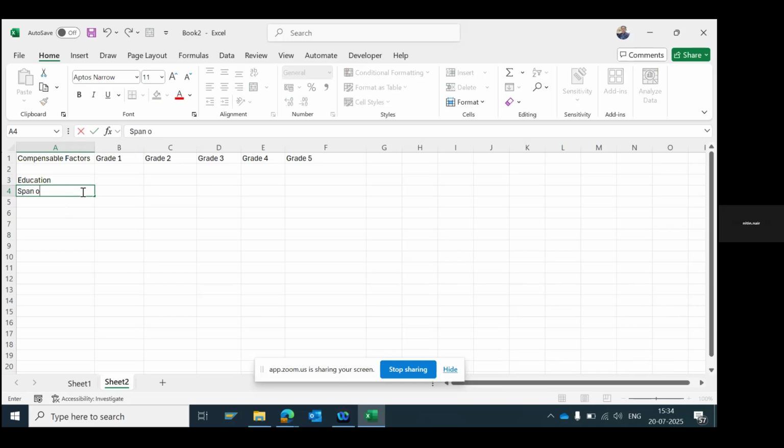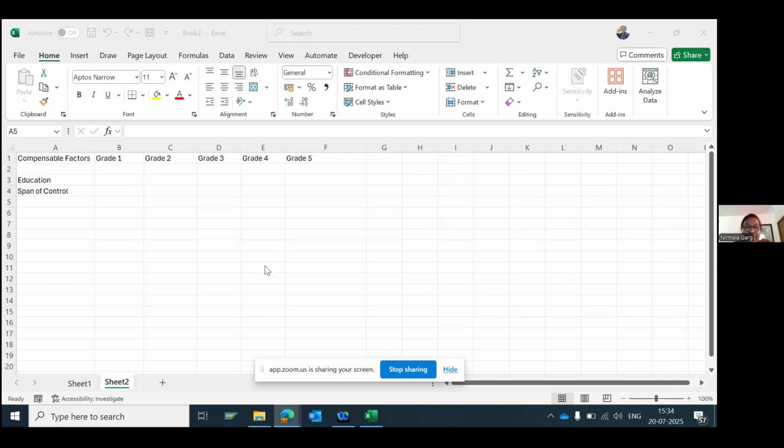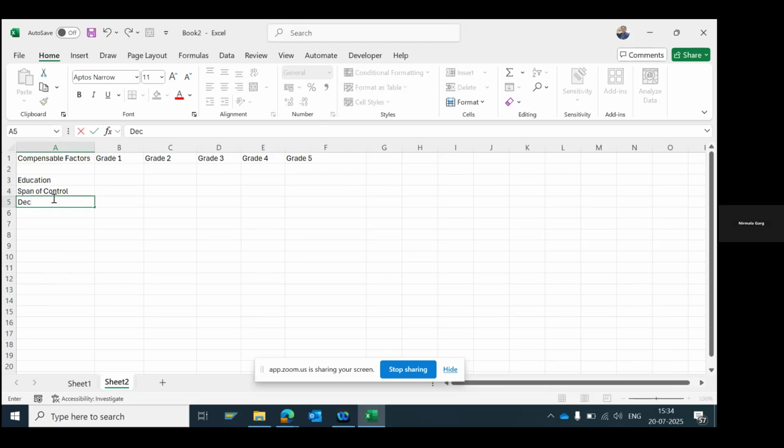Neeti, we thought of taking the JD for project management. Again, I told you compensable factors are not project by project or function by function. You have to look at all the jobs existing in that organization, the compensable factors which are common across all the jobs. Therefore, the compensable factors will increase with the diversity and complexity.